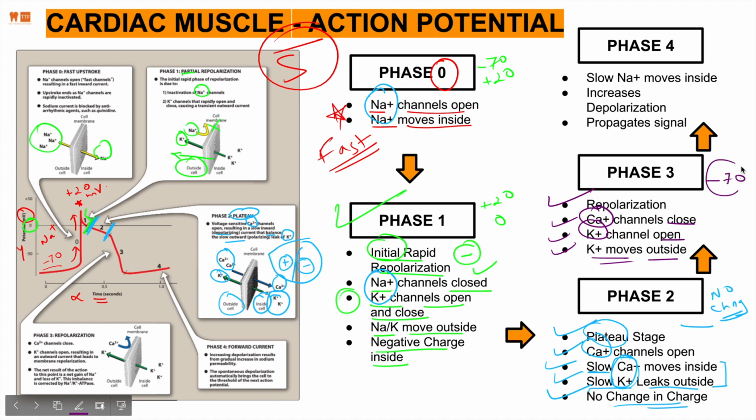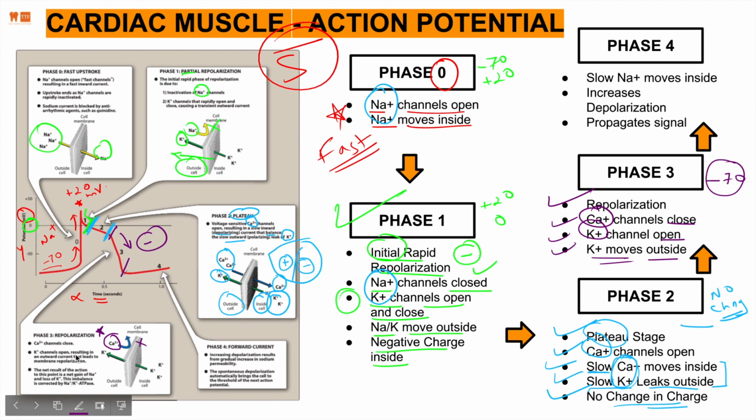Perfect? So number 3, from here to here, it drops the charge. This is why it causes a negative charge buildup inside the cell. Therefore, we call it repolarization. So calcium channels close, so calcium is not allowed inside the cell.